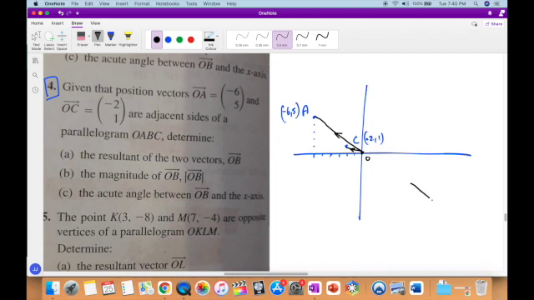I have OA, which is negative 6, 5. And then I have OC, which is here. I'll just put the O a little bit lower.